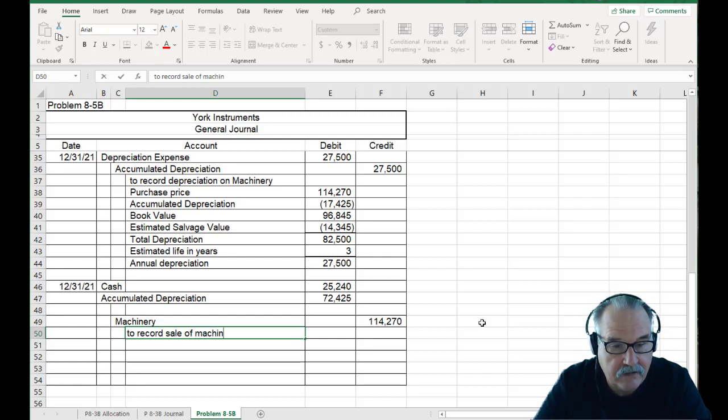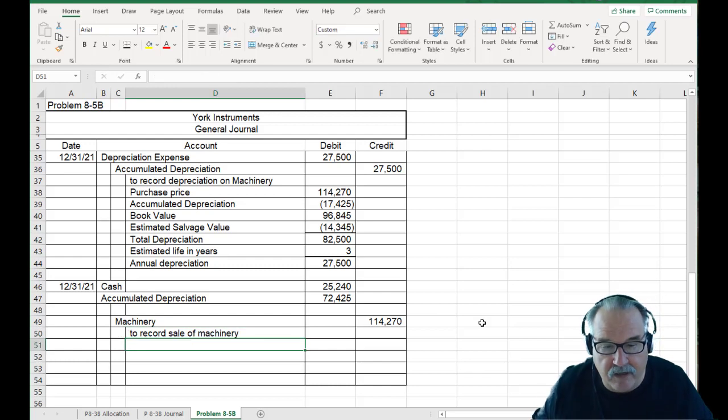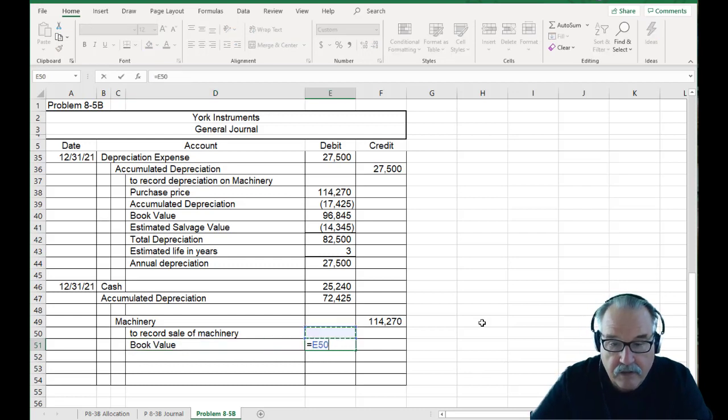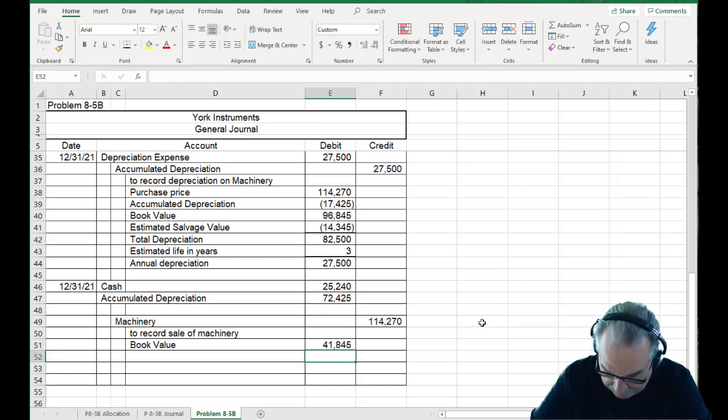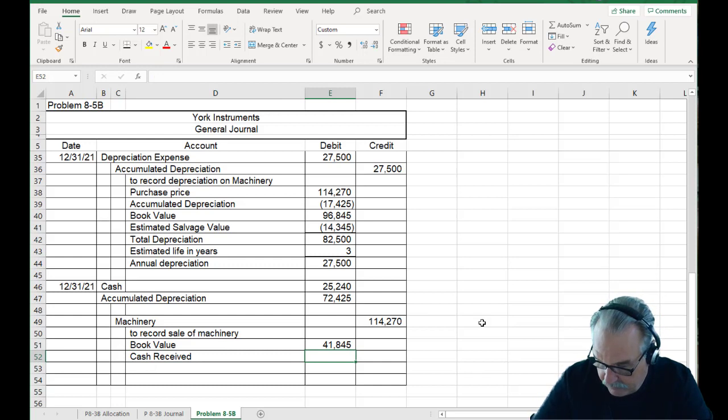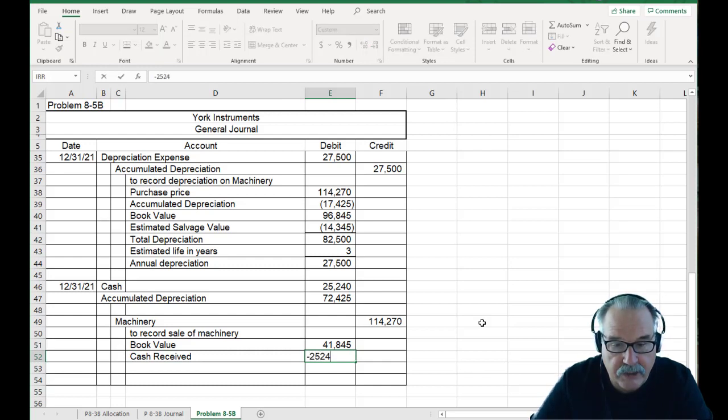Again, if we had another identifying number, we could do it. The book value, which is the cost minus the accumulated depreciation at that point in time, is $41,845. The cash we received is $25,240.